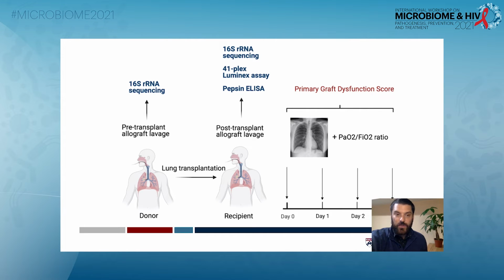From these samples, we performed 16S sequencing, and additionally from the recipient sample, we performed ELISA for pepsin, and then a broad 41-plex assay looking at host response and inflammation. Then each of these subjects are followed for the first 72 hours after transplant. On each day, they're assigned a score of 0, which is no PGD, to 3, which is severe PGD on each day.